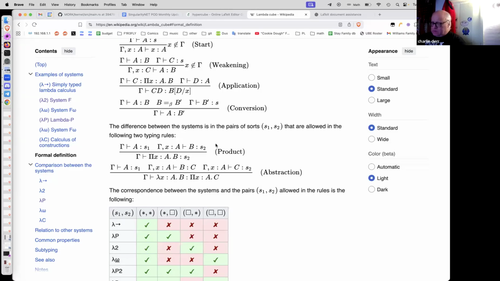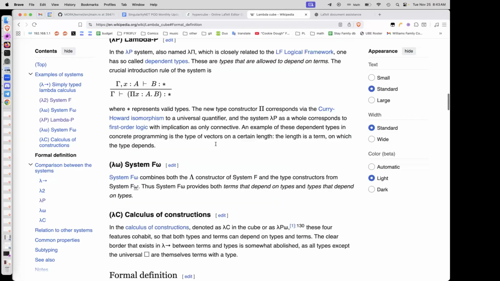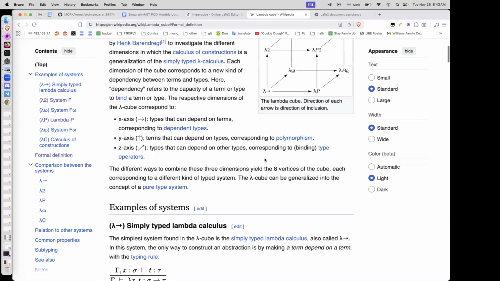So in this, we've got type operators. This is, for instance, very close to Hindley-Milner generics, right? In Java, you've got list of int, ditto in Go and Rust and all of your favorite programming languages that have parametric types.